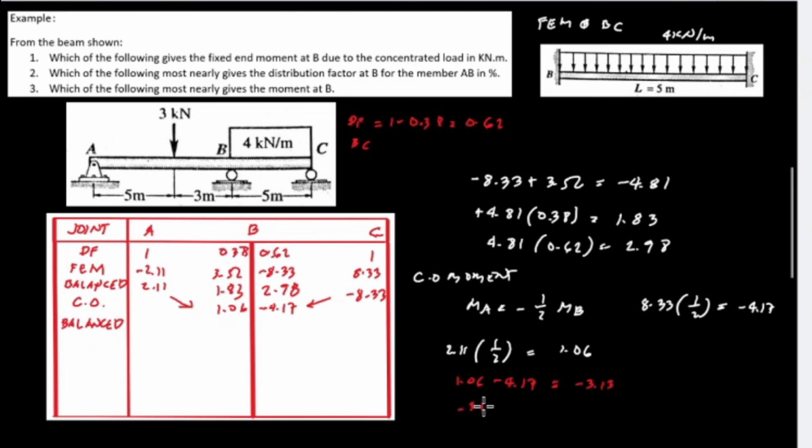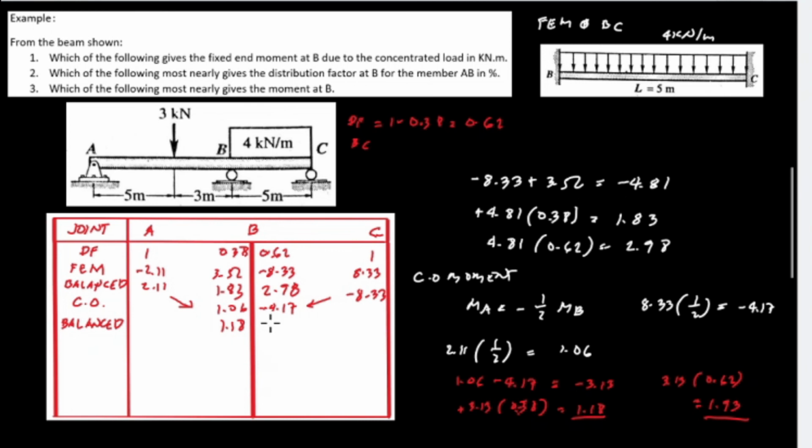So that's negative 3.13 multiplied by 0.38 and equivalent to 1.18, and change the sign from negative to positive. While 3.13 multiplied by 0.62 for BC is equivalent to 1.93.